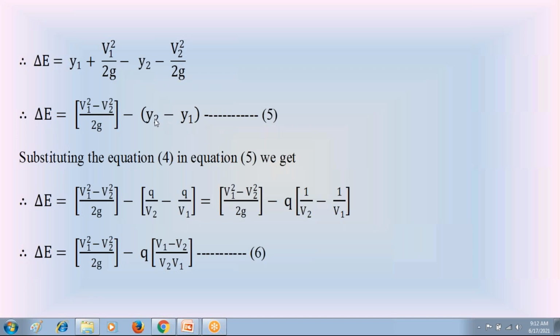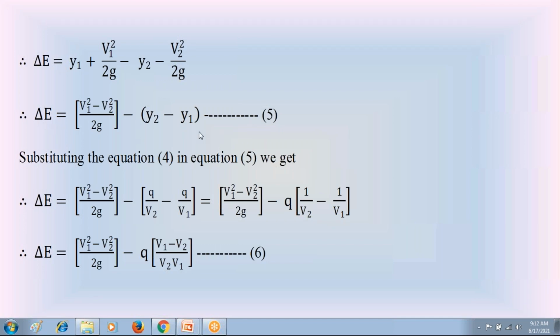Then coming to this discussion, just now we discussed that in the rectangular channel, the depth y2 is equal to small q divided by v2, and the depth y1 is equal to small q divided by v1. Substitute y2 is equal to q by v2 and y1 is equal to q by v1 in equation 5.